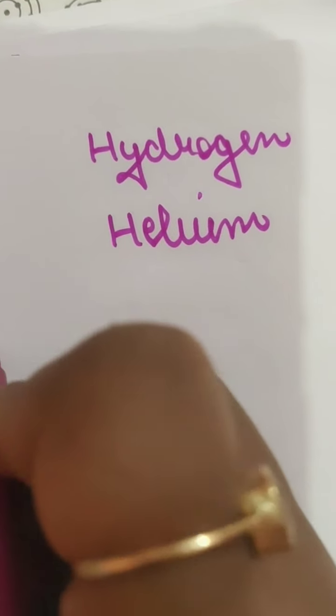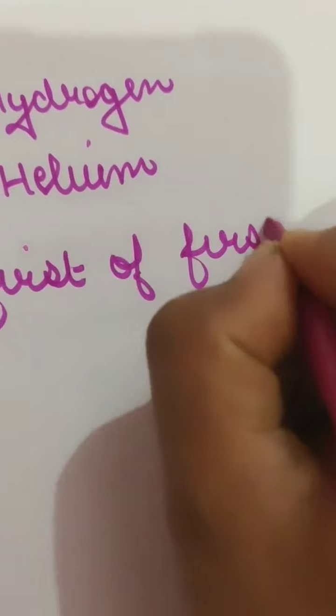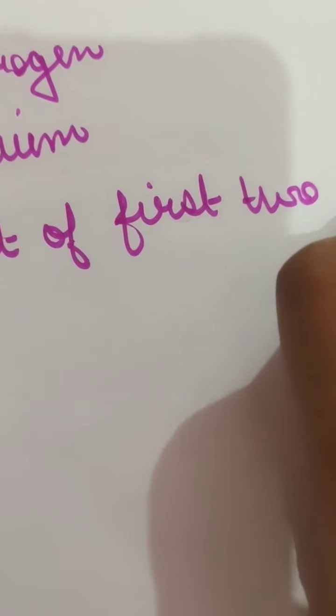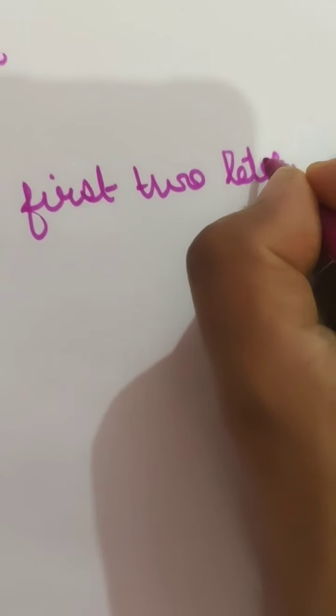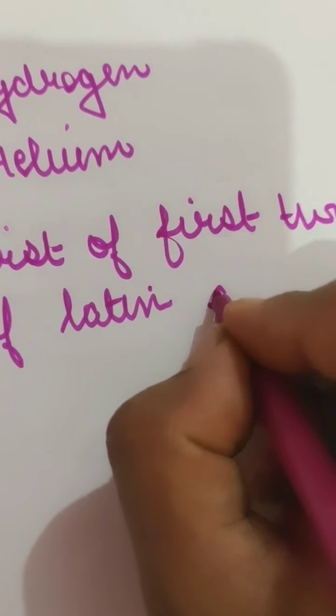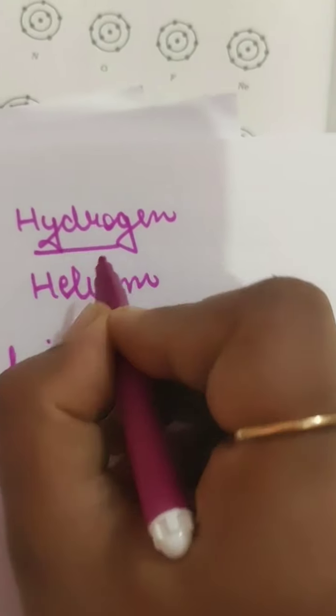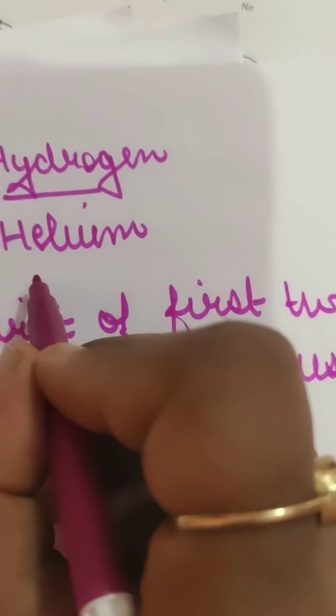These two names start with H. According to the IUPAC, which I have told you already, either the first letter or the first two letters of the English or Latin name are used as the symbol. But here hydrogen starts with H and helium also starts with H.